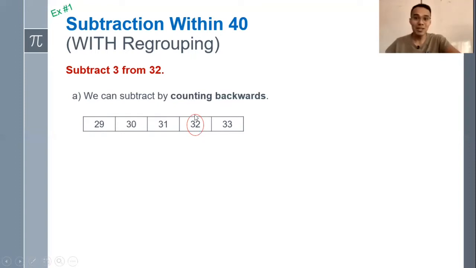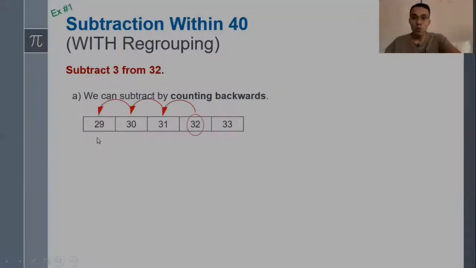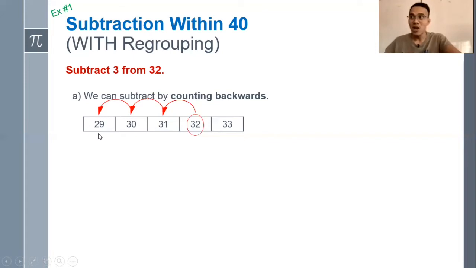How many times? 3 times, because we are supposed to take away 3 objects from 32 objects. 1, 2, 3. Make sure not to skip any number in the number tape. We landed on number 29. 32 minus 3 is 29.